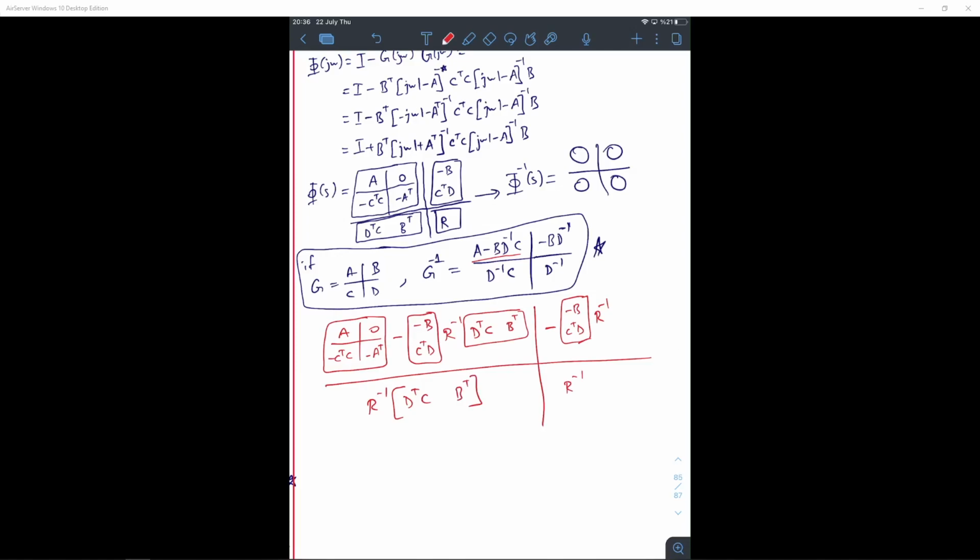Okay, so this is phi inverse of S transfer function's state space representation.